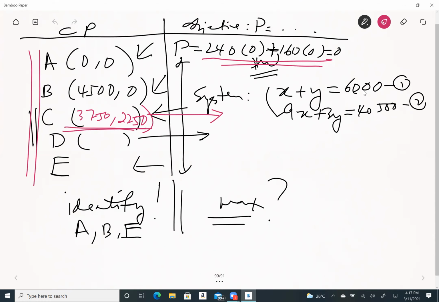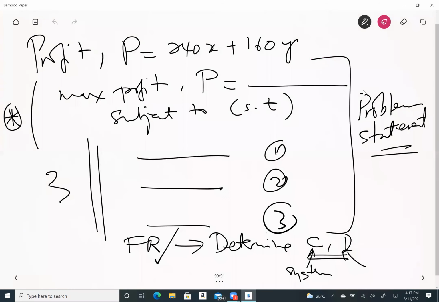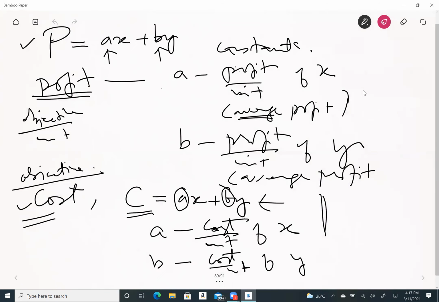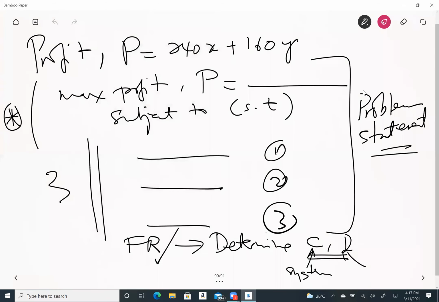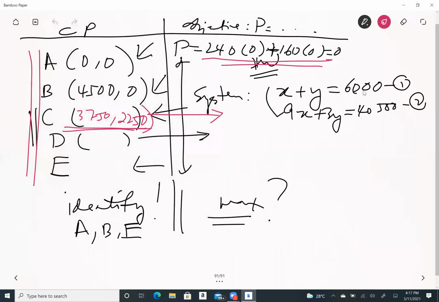Okay, what is the maximum value? Hurry up. From there we got the constraints. Okay, what is the maximum value? Are all your books old editions?